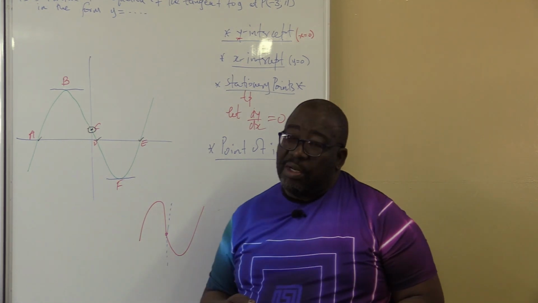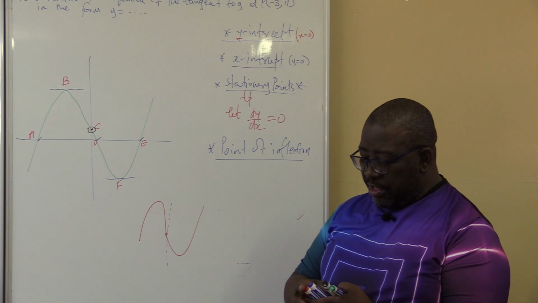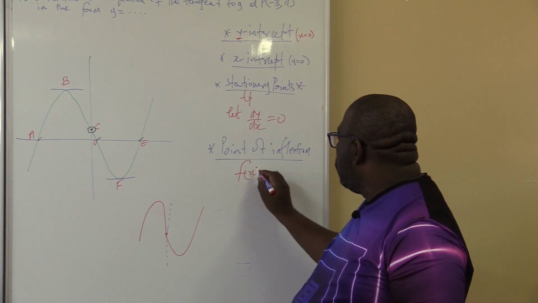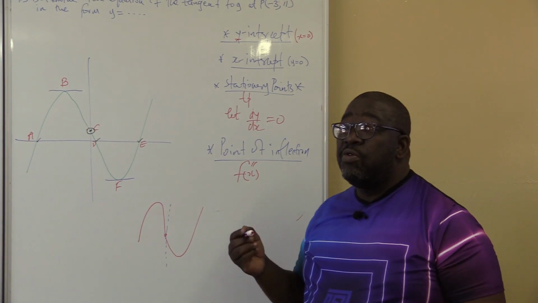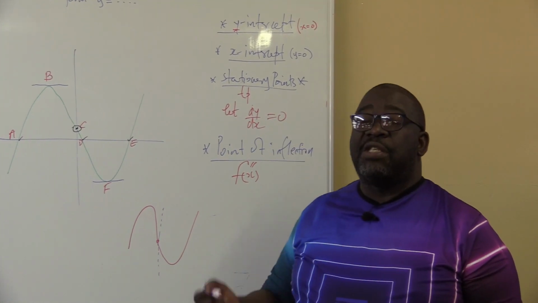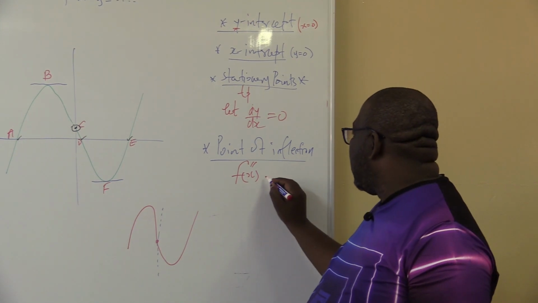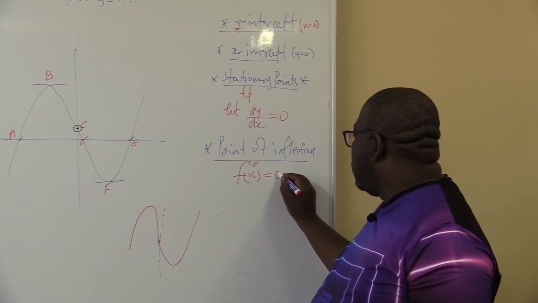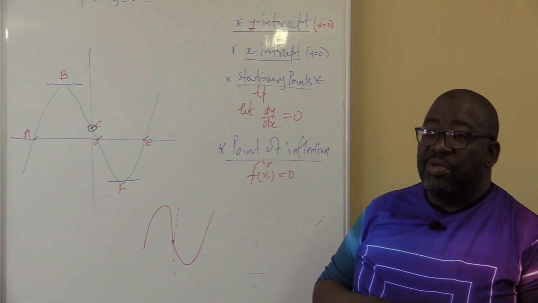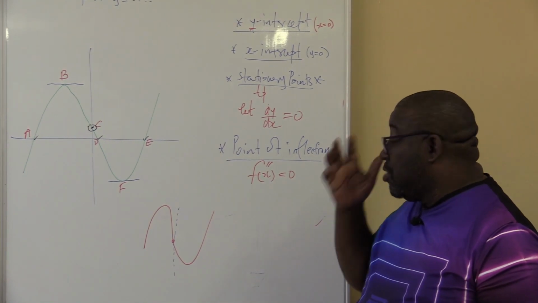What is the value of that one? How do you calculate the point of inflection? You find the second derivative, f double prime of x. You differentiate the first derivative, then you differentiate again, and you let the second derivative be equal to 0. Then you will be able to find x.